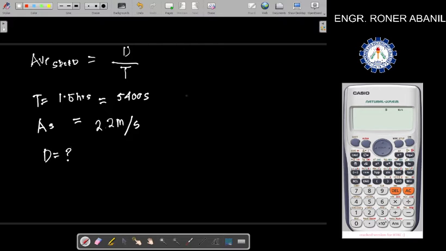Ayan. No? So, while meron na tayong formula, pwede nating ipasok dun. No? Pwede nating ipasok yung mga given natin. Kunwari, average speed is 2.2 meters per second.